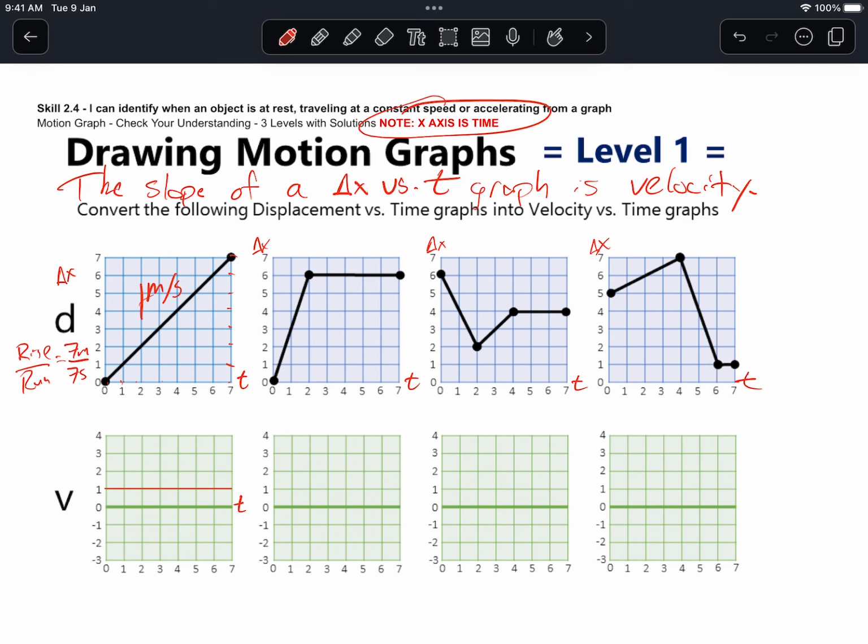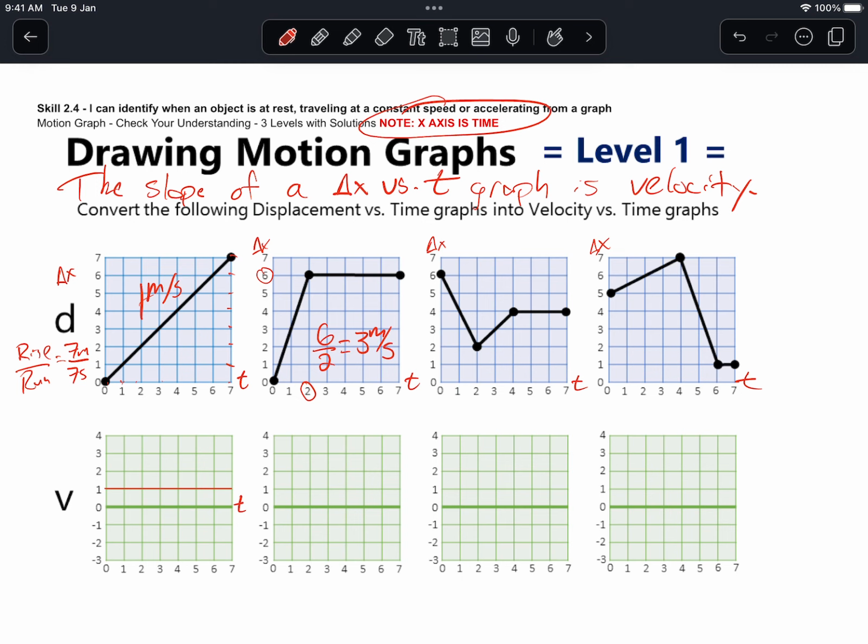So now, look at this one. This slope right here seems much steeper than the other one. So I'm guessing, since it's a steeper slope, that means the object's moving faster, whatever the object is. So now I've got a rise of 6 over a run of 2. Well, 6 divided by 2 is equal to 3 meters per second.